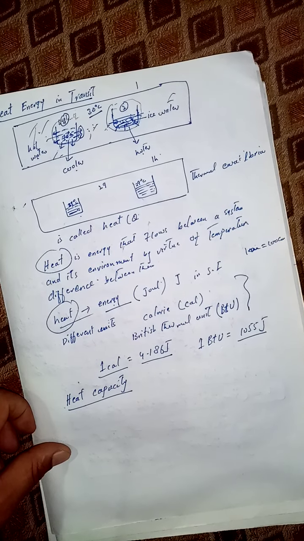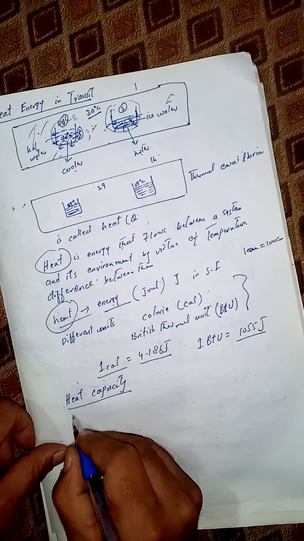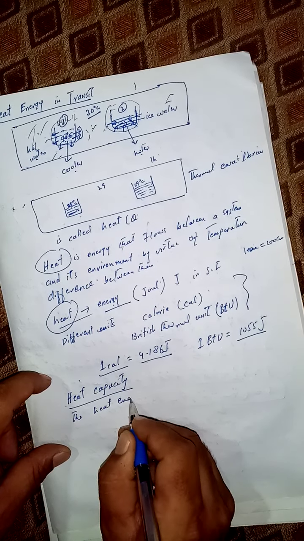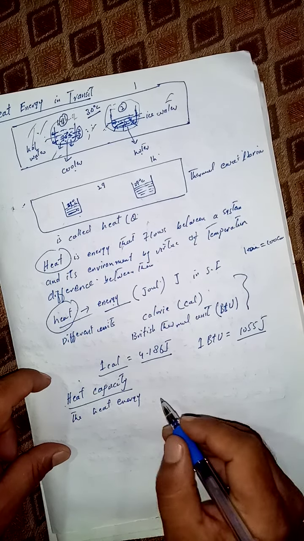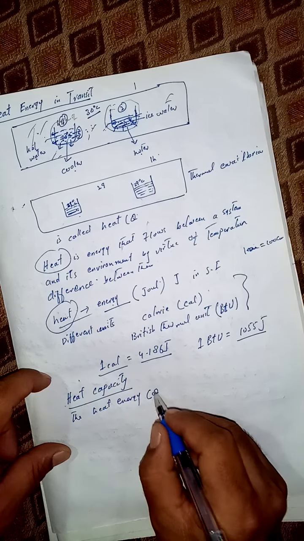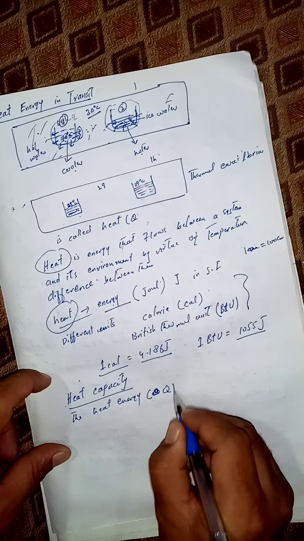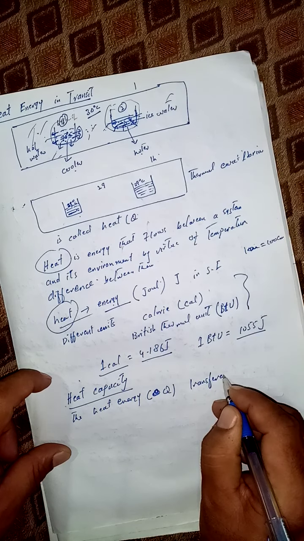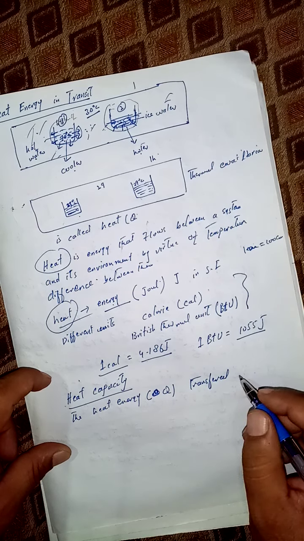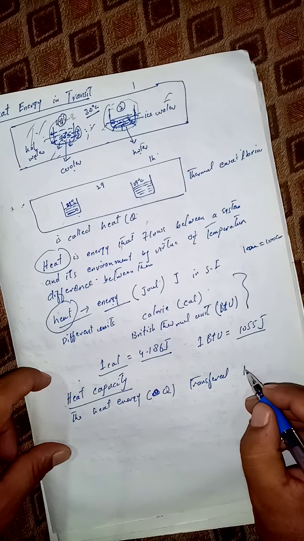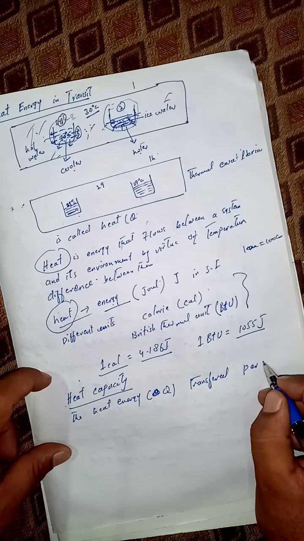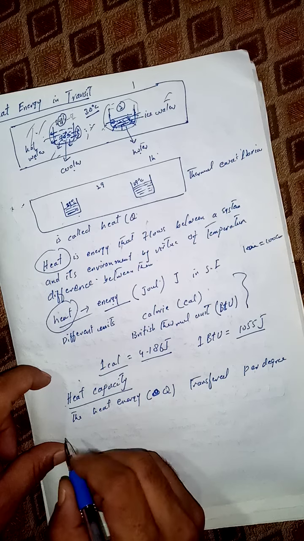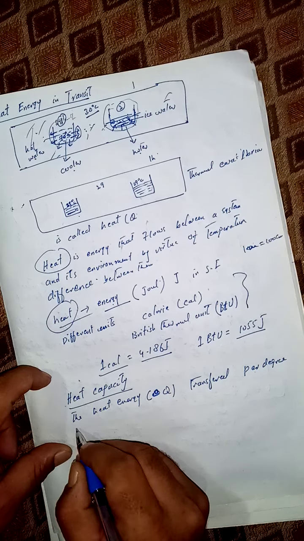Heat capacity is defined as the heat energy, which we represent by Q, transferred per degree temperature change.